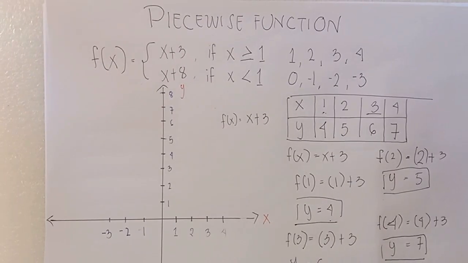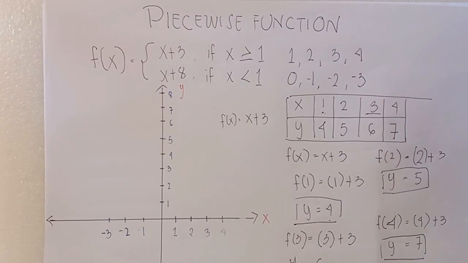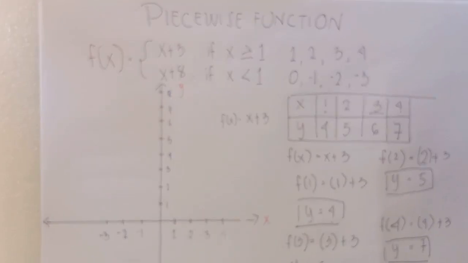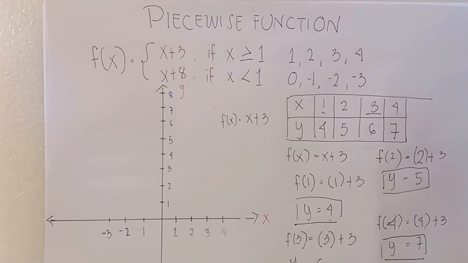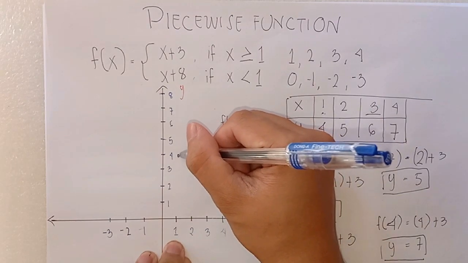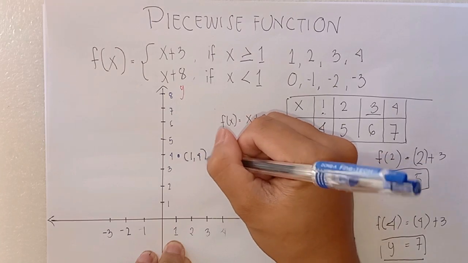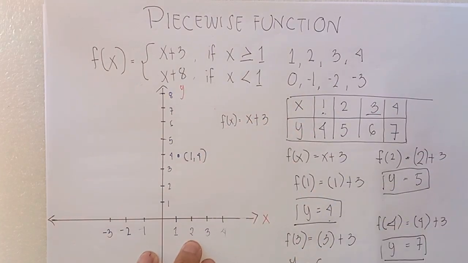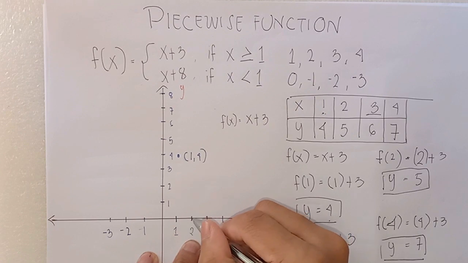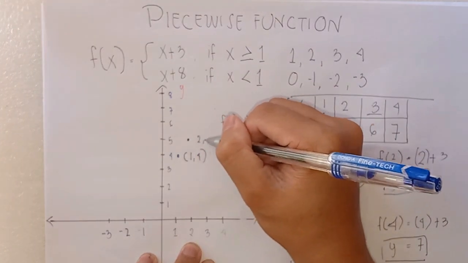Let us graph the data that we get from computing x and y. So 1 and 4. Then 2 and 5.